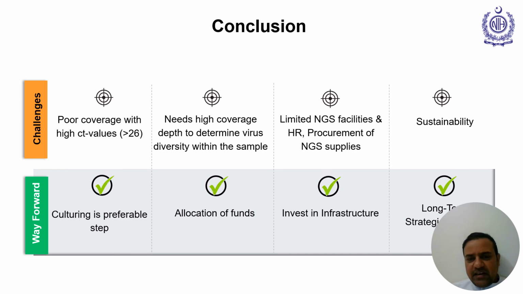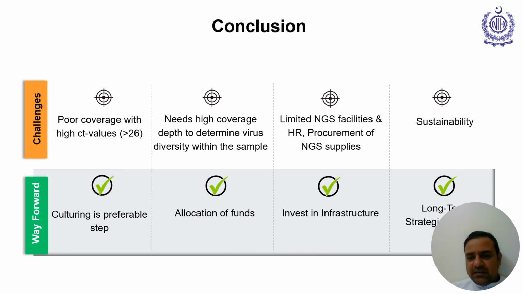Then at the national level, we have limited next generation sequencing facilities. As I mentioned, we have established an NGS facility at NIH. In 3 of our provincial labs, we do have an NGS facility, but we still need to strengthen this, and we need to develop a few more facilities in other parts of the country where such facilities do not exist.